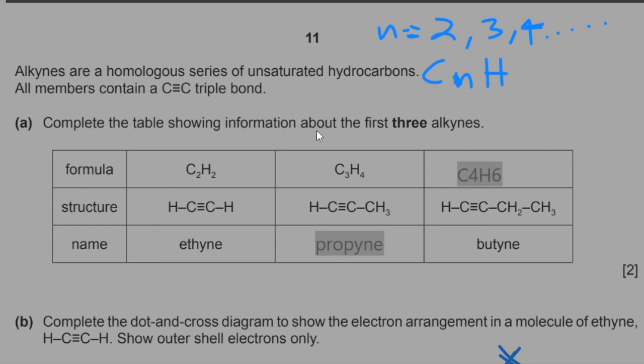So here n is 2, n is 3, and here n is 4. You need to somehow carry out an order of operation so that you have the answers as given in the tables.